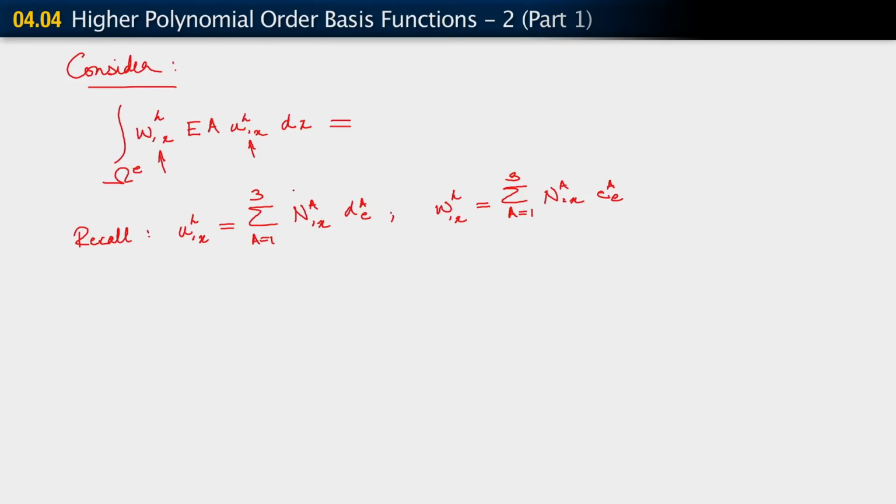Where we may further ask, how do we compute these gradients? The chain rule is the answer. So the way we will write NA comma x is NA comma c, which is easy to do because our basis functions are indeed parameterized by c, times c comma x. Having recalled how we're going to write out our gradients, the only difference here with respect to what we did for the linear problem is that we need to sum over 3 basis functions now because we're doing quadratics.